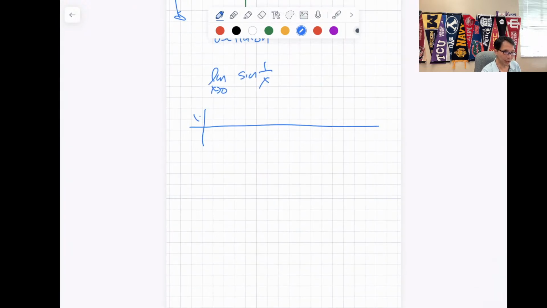I'm going to use a t-chart, and y is equal to, in this case, sine of 1 over x. Now, I'm going to plug in a specific value: 2 over pi. What happens if I plug in 2 over pi? What is sine of pi over 2 then? 1, good. How about 2 over 3 pi?